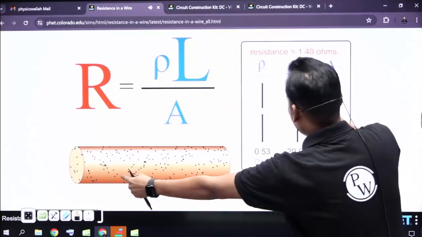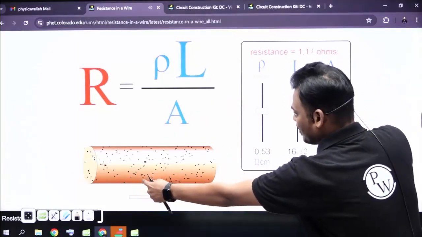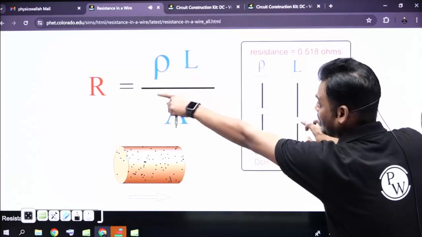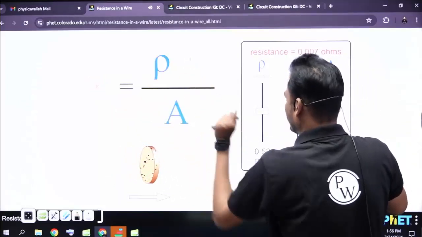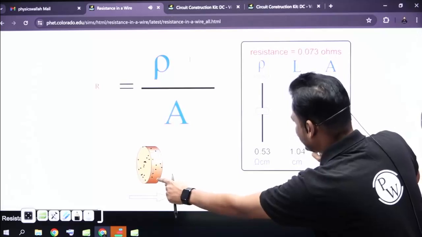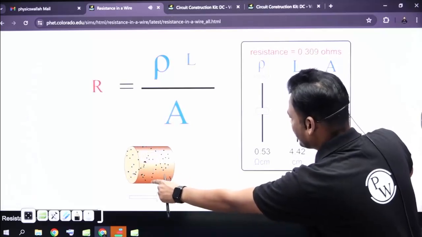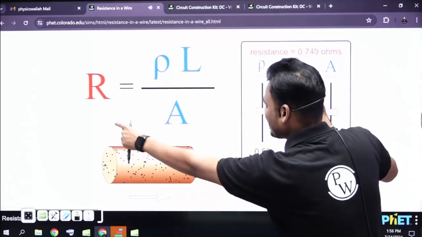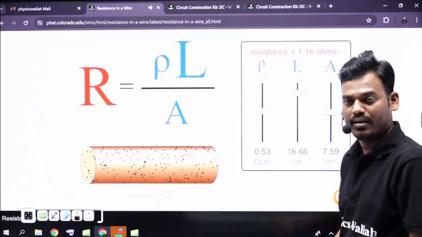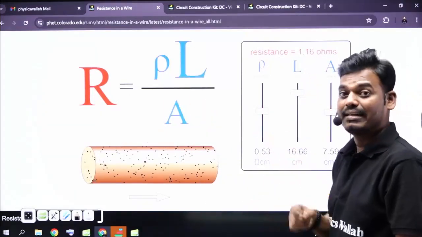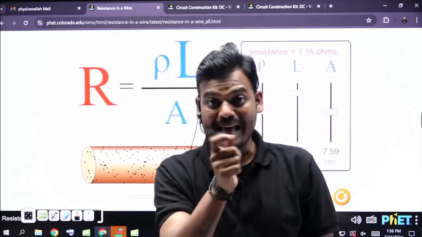Now the length of the conductor is decreasing, and the resistance is also decreasing. If I increase the length of the conductor, the resistance also increases. So R is directly proportional to the length of the conductor.